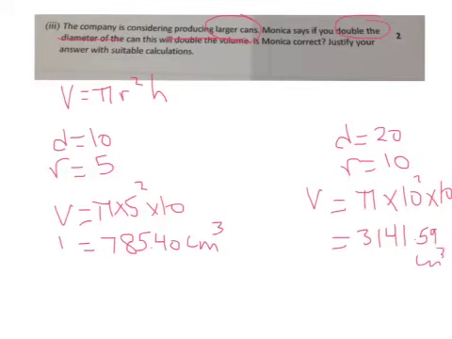If you look at it, this number is not double the first volume, so therefore she is not correct. This is all they had to do. They needed to find the volume in both cases, and that's worth 2 marks as well.